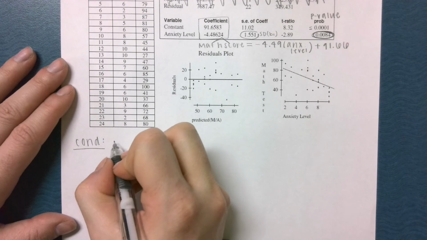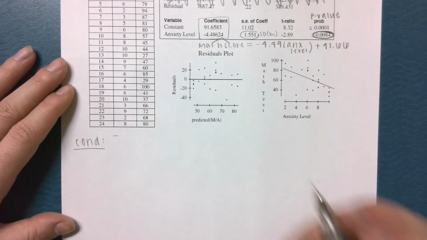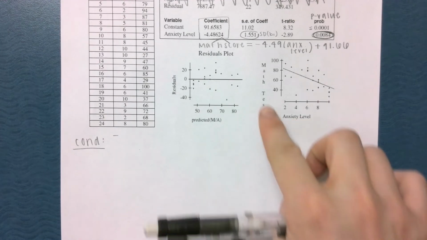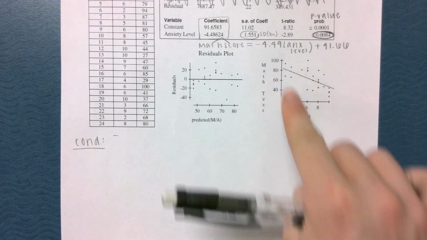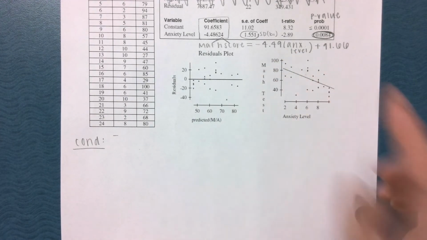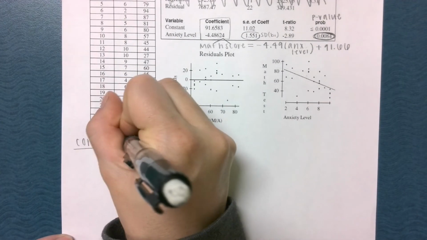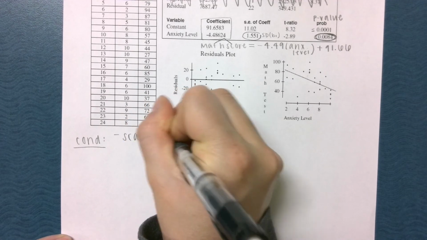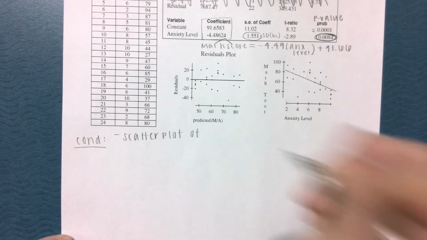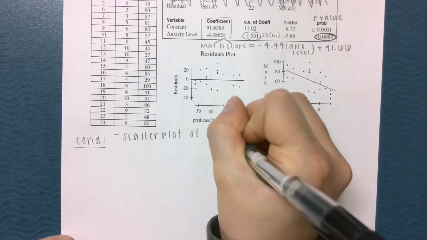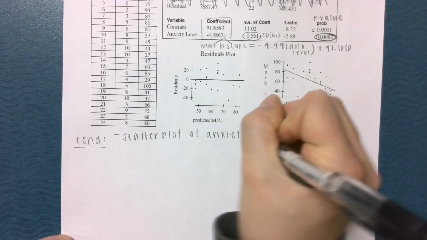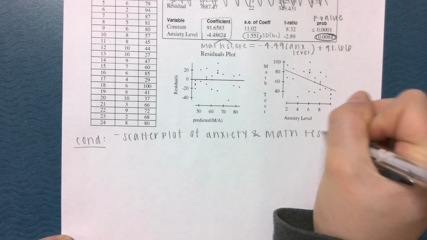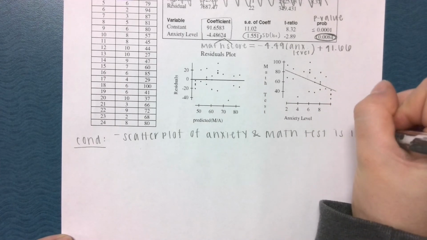Now the first condition that we need to check is to make sure that the scatter plot of the data is linear. So I'm looking at this scatter plot over here of just the regular data. It's looking to me like it's somewhat normal, or I'm sorry, somewhat linear. So I'm going to say the scatter plot of anxiety and math test is linear.